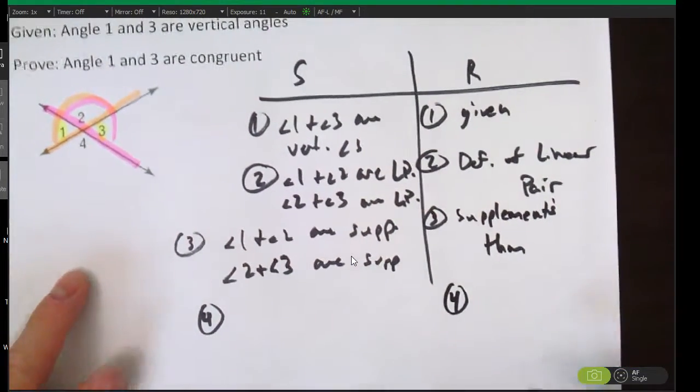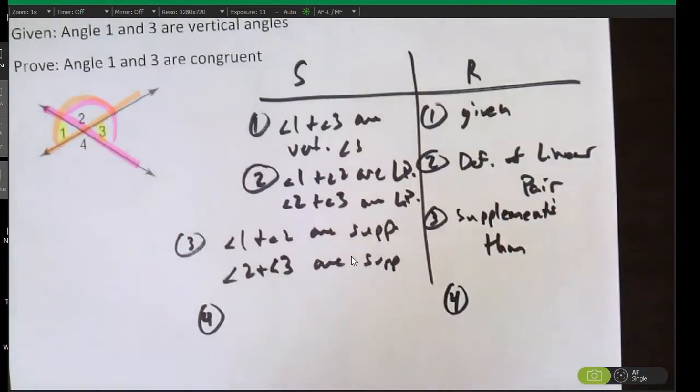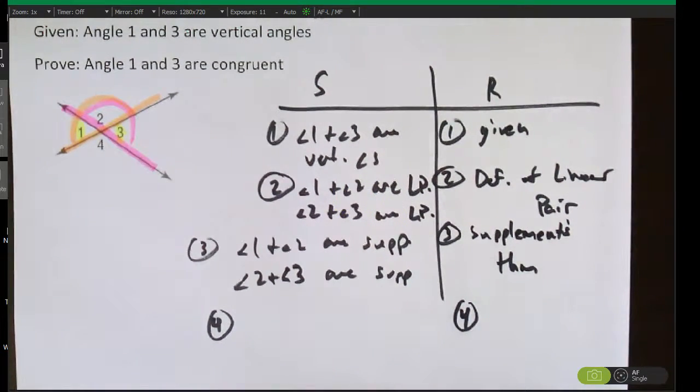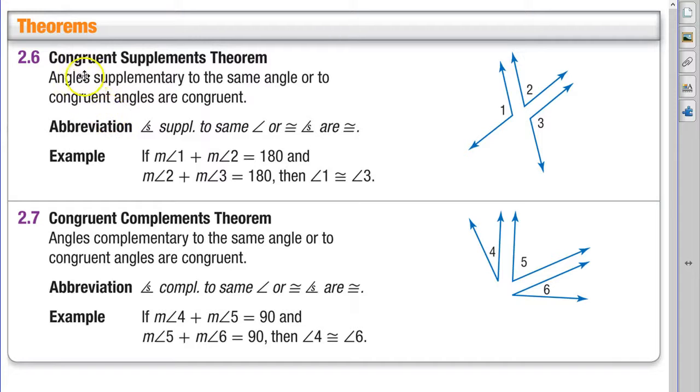And again, you might say, Mr. Moyer, how do you know you're done? Well, I had a theorem right before theorem 2.8, theorem 2.6, that said angles supplementary to the same angle or to two congruent angles are congruent. More importantly, if two angles are supplements to the same angle, which they are, angle 1 and 3 are supplements to angle 2, then angles 1 and 3 are congruent.